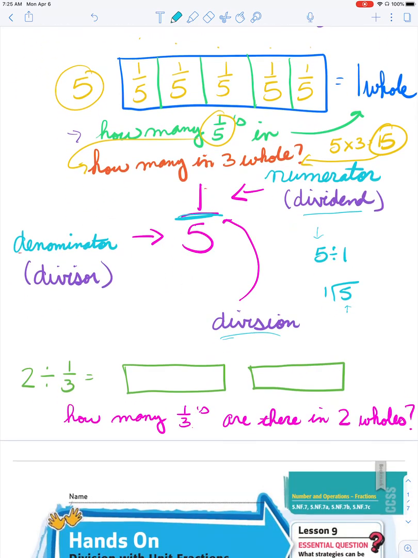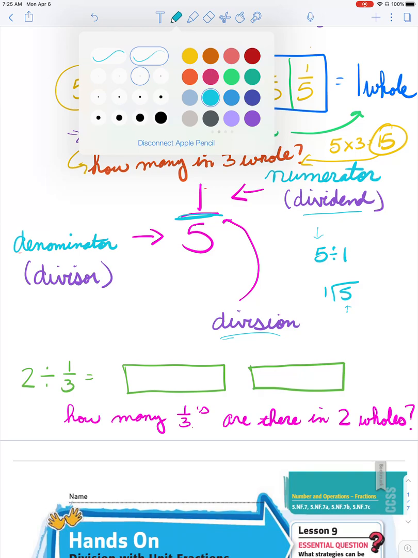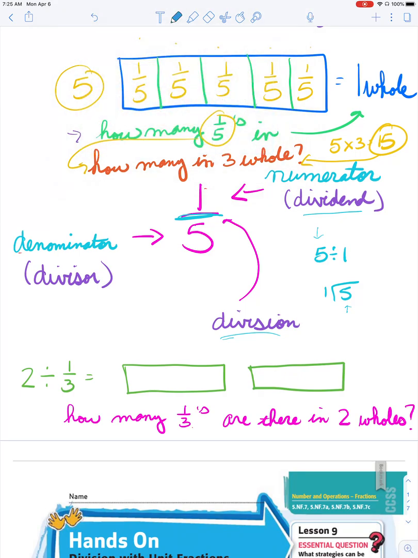All right, one more practice here. Lewis, if I was to take 2 divided by 1/3, this is actually asking me how many 1/3 are in 2 wholes. So this is what this division problem breaks down to. So Lewis, what would you do on this picture of these 2 rectangles to show how many 1/3 are in 2 wholes? Correct.